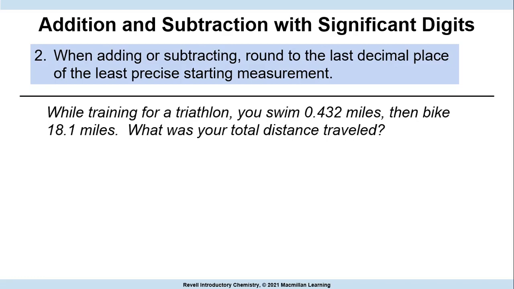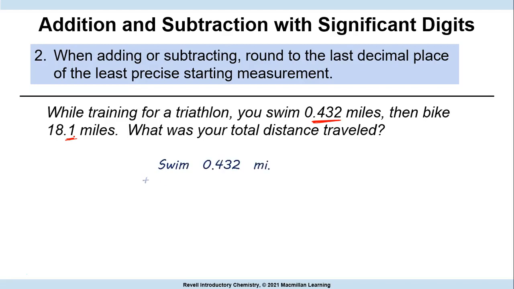In this example, while training for a triathlon, you swim 0.432 miles, then bike 18.1 miles. What was your total distance traveled? For swimming, you had 0.432 miles, which has 3 decimal places. For the biking, you had 1 decimal place. So your final answer is going to contain only 1 decimal place.